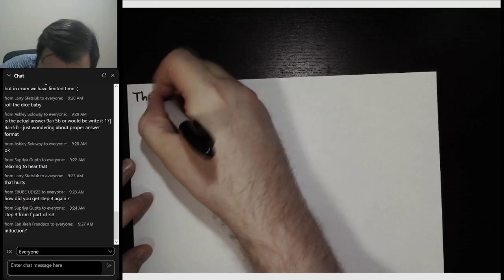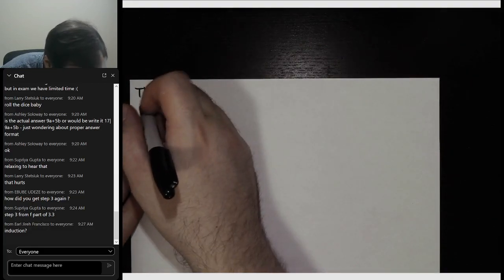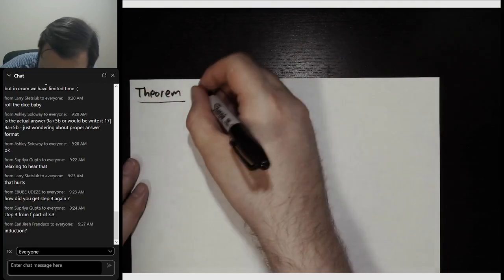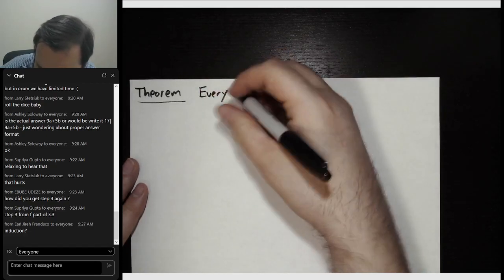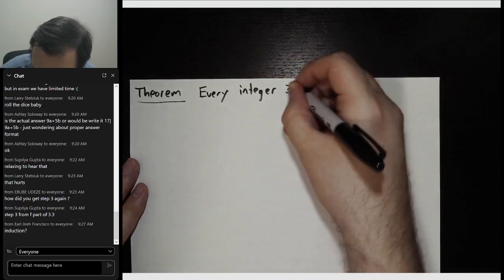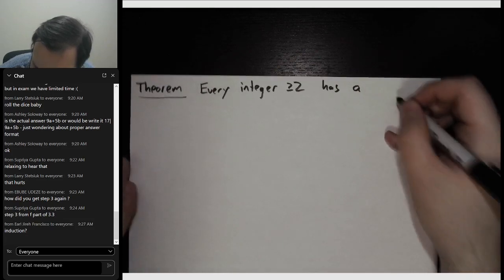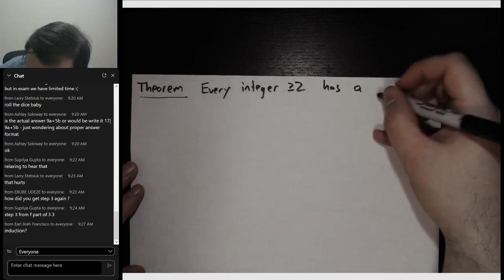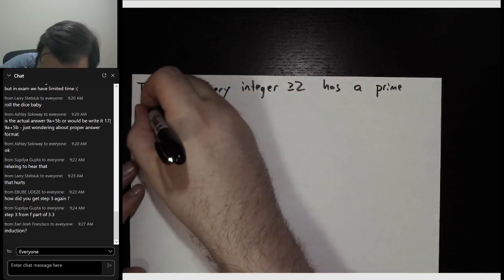So theorem: every integer greater than or equal to 2 has a prime decomposition.